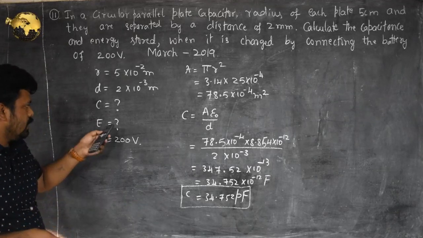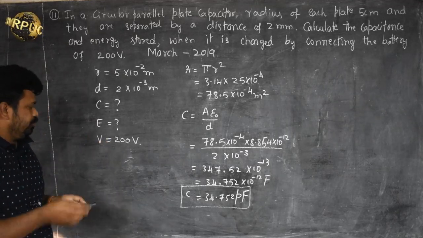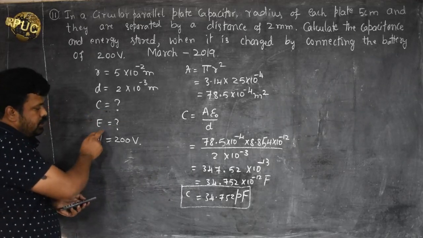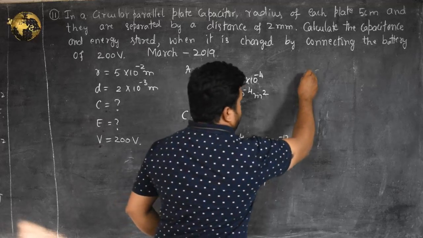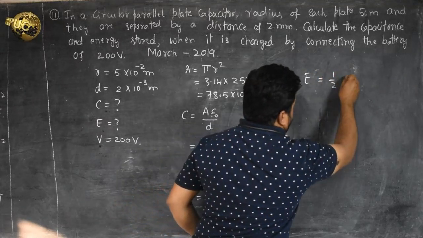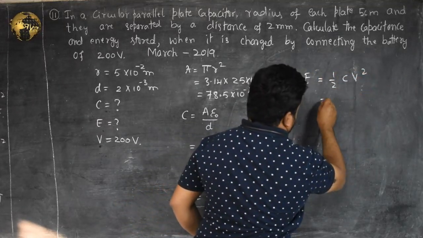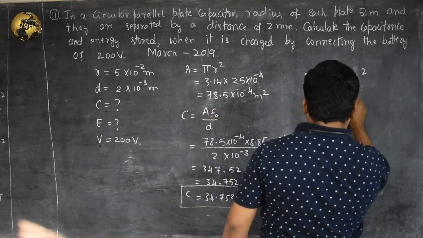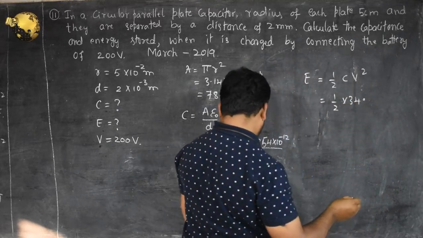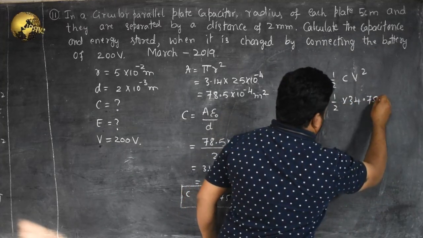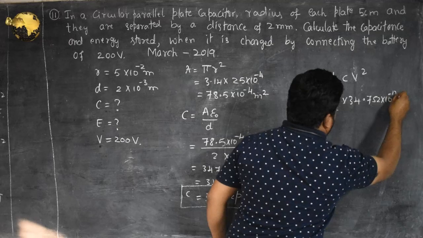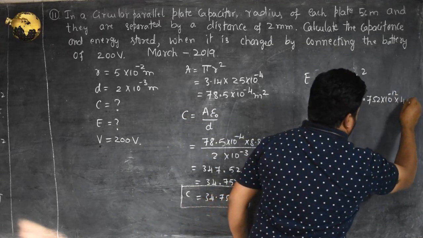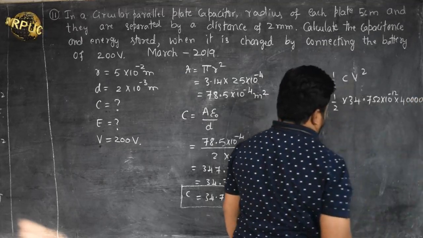Next we need to calculate the energy stored. The potential is given and we have the capacitance, so the energy stored is E is equal to half C V square, so 1 by 2. The capacitance we got is 34.752 into 10 to the power minus 12. This is 200 square, that is 4 with 4 zeros.